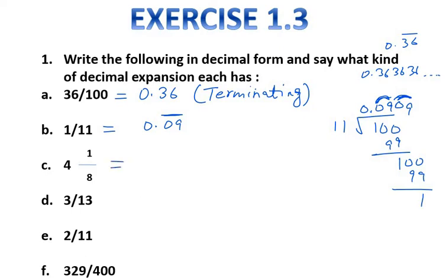The next one we are given is 1 over 8. So solve it further. It will be 33 over 8. Now 33 over 8, let us divide 33 and 8.